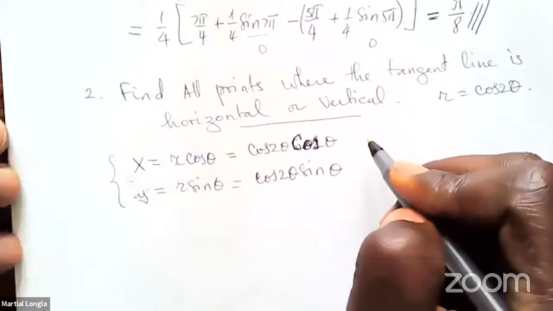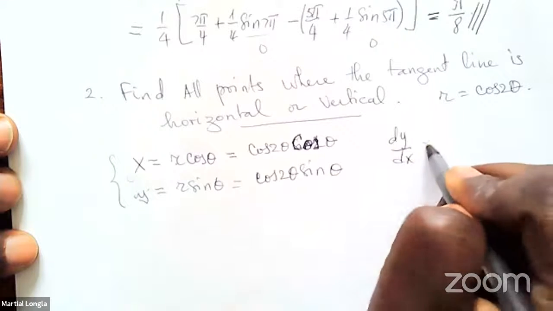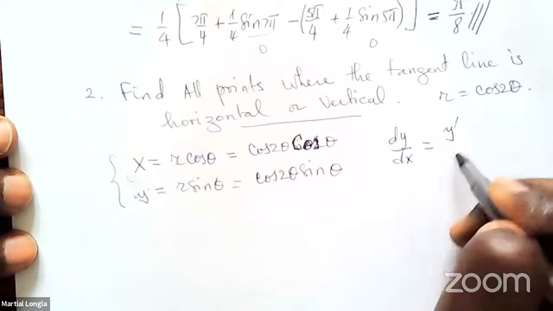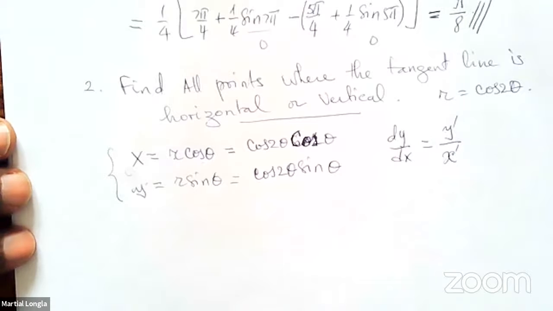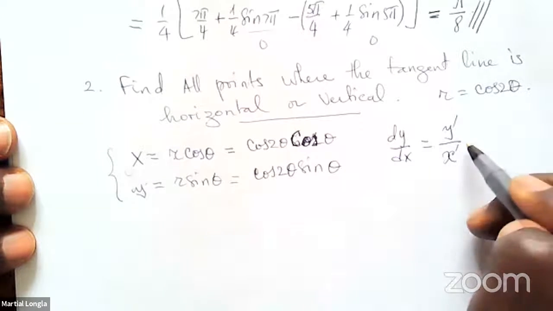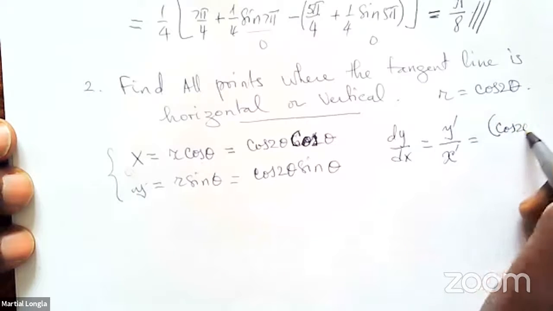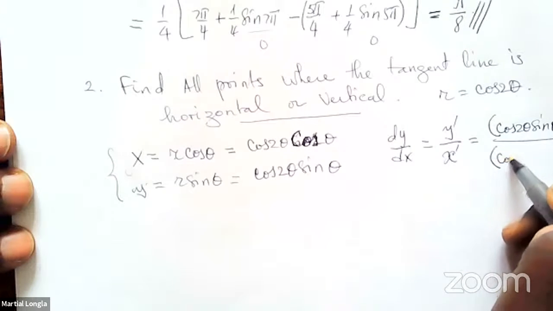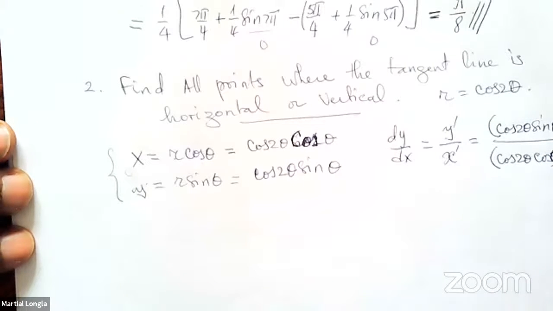And therefore, the slope dy over dx is equal to y prime over x prime, which is derivative of cosine 2 theta sine theta prime over cosine 2 theta cosine theta prime.